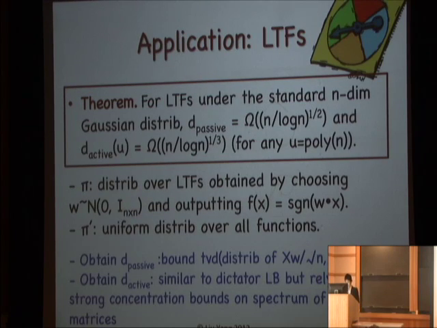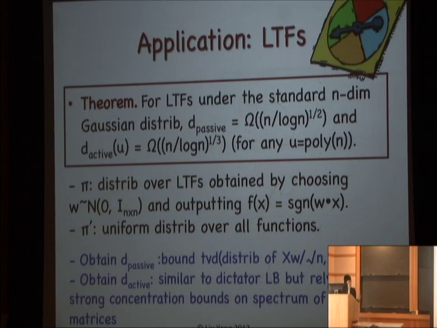We also show lower bounds on the query complexity of testing LTFs via the testing dimension. In this case, we set pi to be the distribution over LTFs obtained by choosing W, the weight vector, from the standard normal in n-dimensional space, and that outputs f(x), which is equal to the sign of the dot product between W and x.